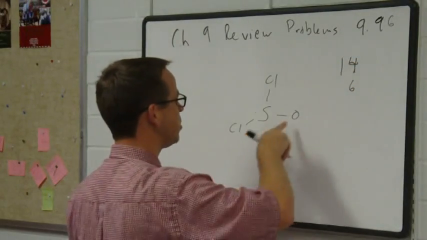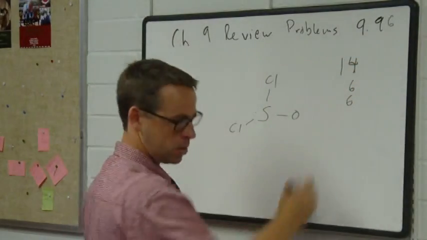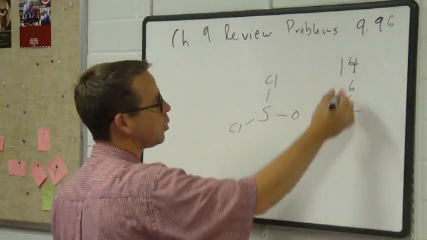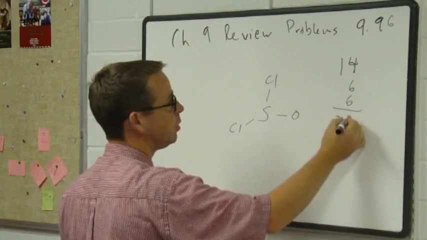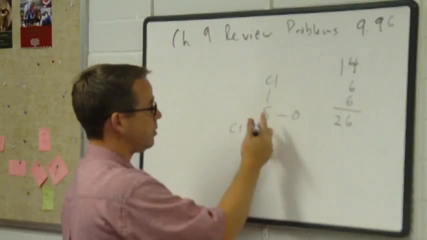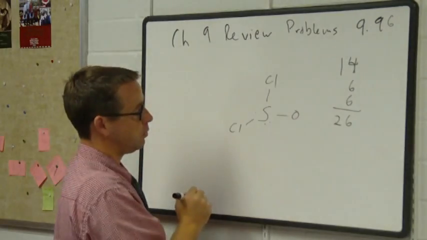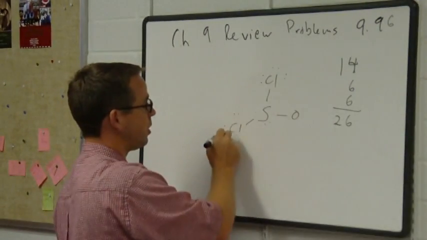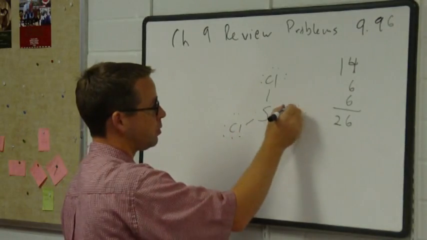Oxygen brings 6. Sulfur brings 6 also. So we have 14 plus 12. That's 26 electrons, right? 1, 2, 3, 4, 5, 6, 7, 8 to fill up the octet of sulfur. Then 9 through 26.